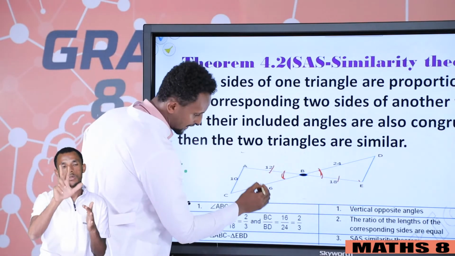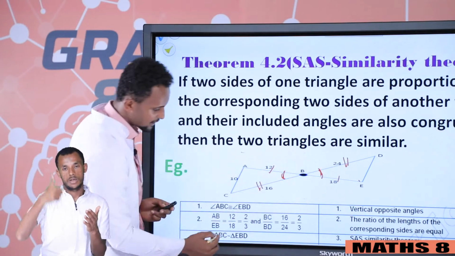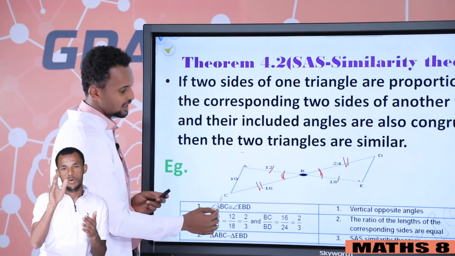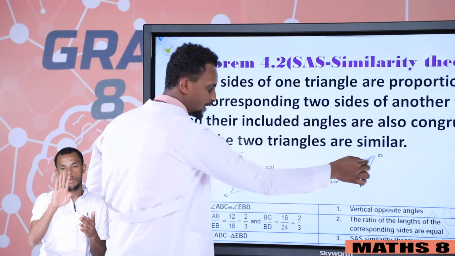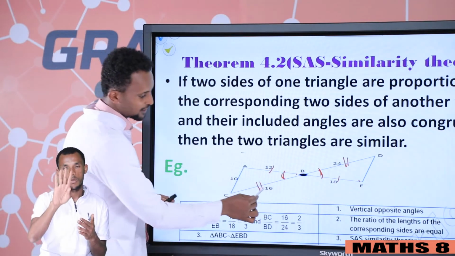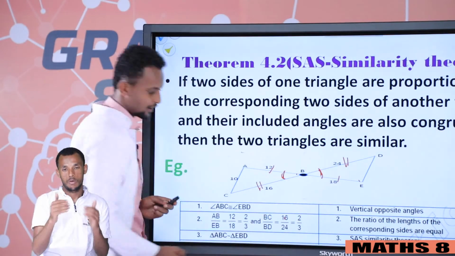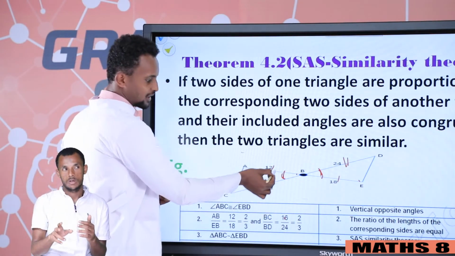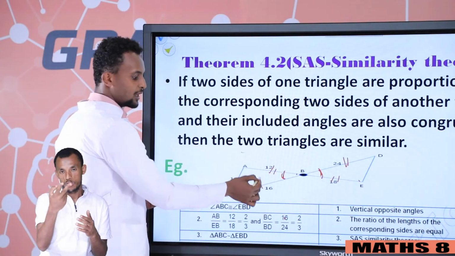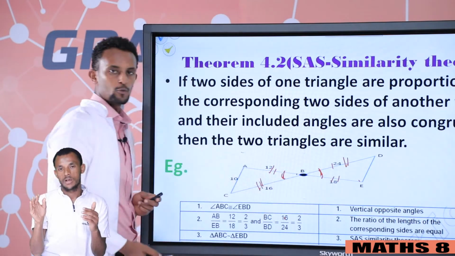And this side and this side, that means BC over DB, is 16 over 24, that is 2 over 3. Then this side and this side are proportional.